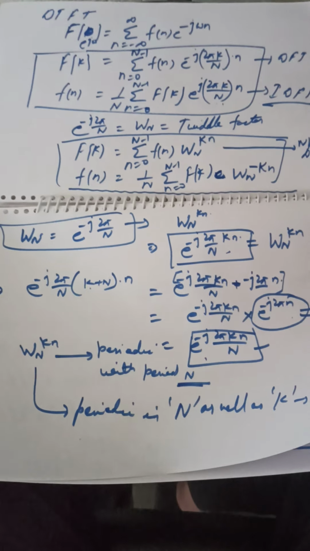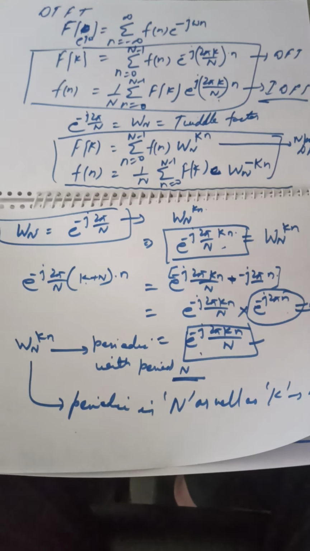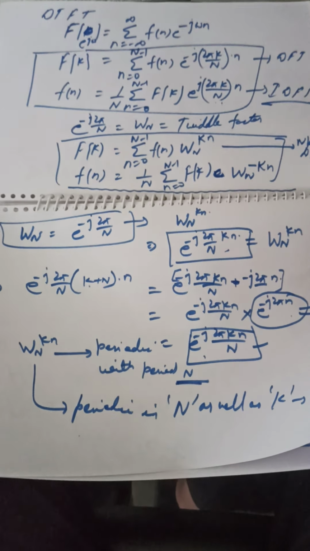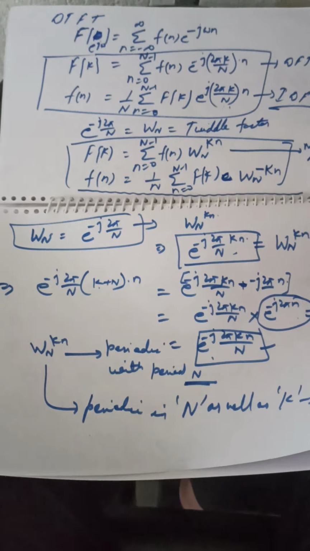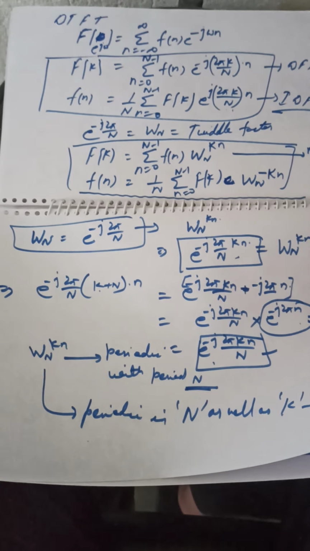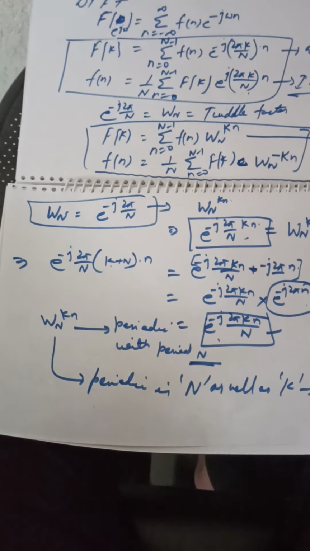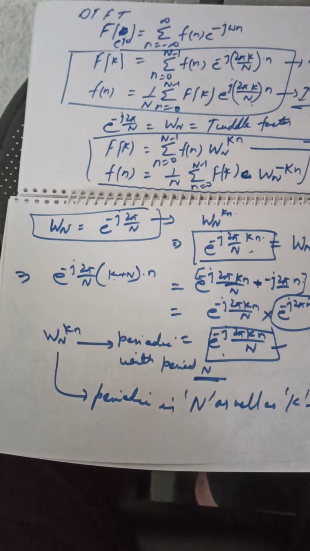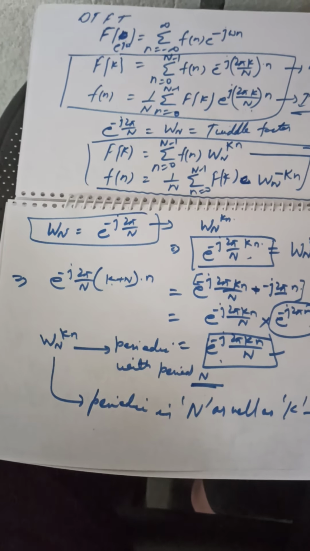Now we can easily observe from the Twiddle factor that the role of kn means the two things are interlinked. The discrete sampling is interlinked with the discrete sampling of DTFT. Are you getting it?